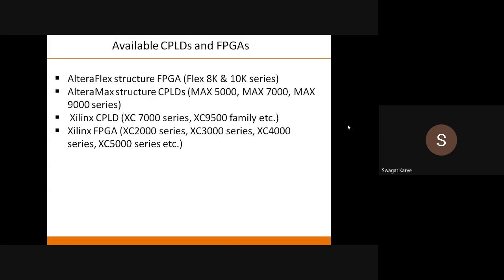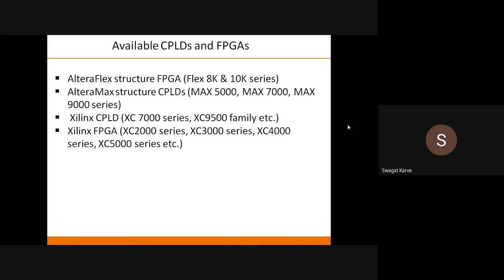Now we will discuss the next types of PLDs that are available, that we have discussed, that is CPLDs and FPGAs, complex programmable logic devices and field programmable gate arrays. Now these are the different manufacturers which produce different FPGAs and CPLDs.